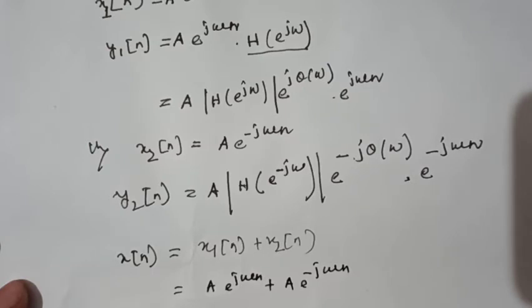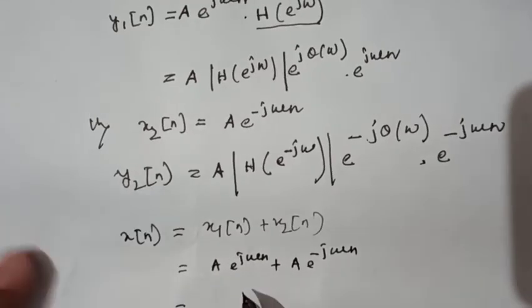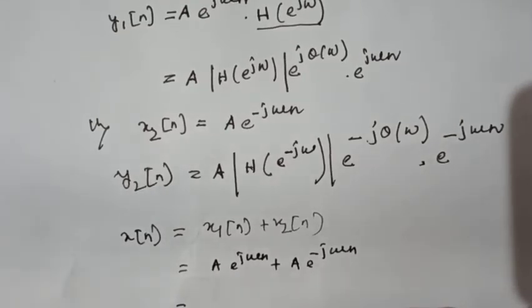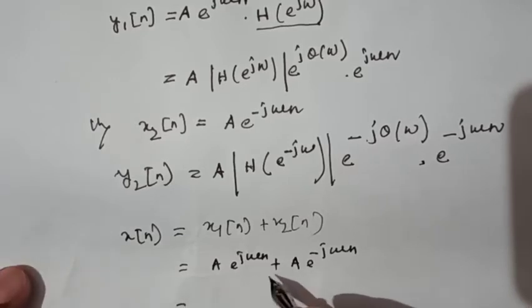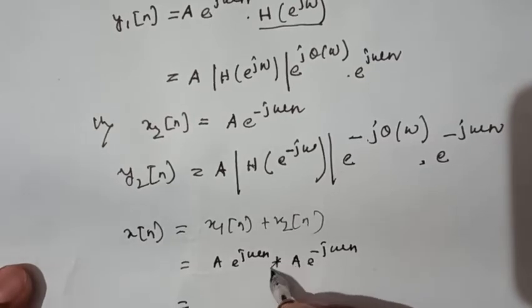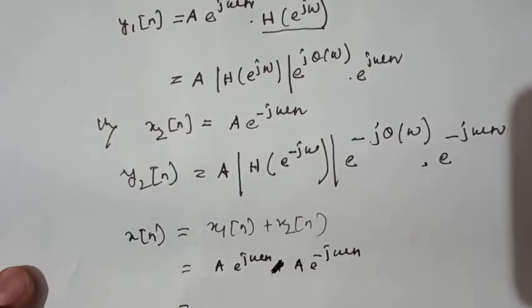So what can I write it as? We can write it as twice a cos of omega n, because cos of theta is e to the power j theta plus e to the power minus j theta by 2. So it will be twice a cos of omega n. Now instead of plus, suppose I make it minus.